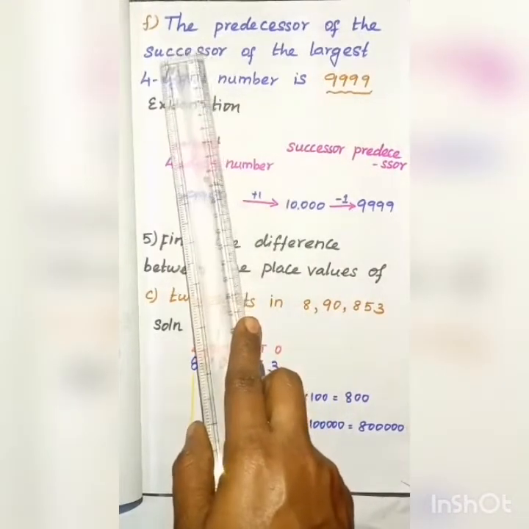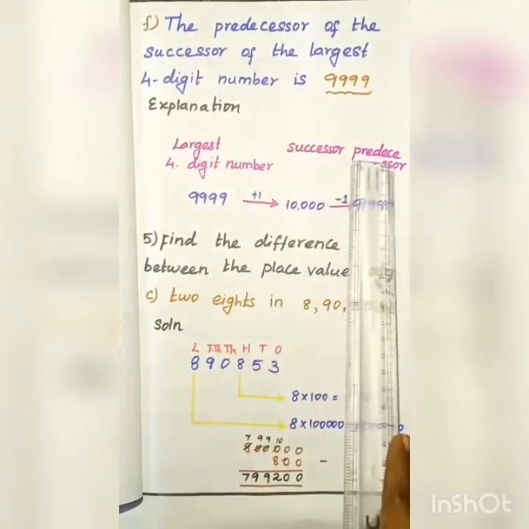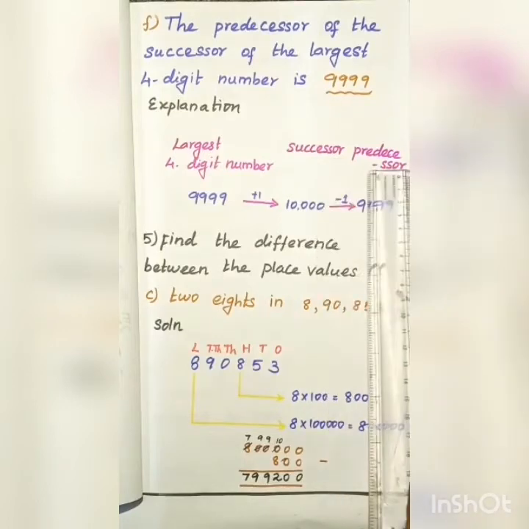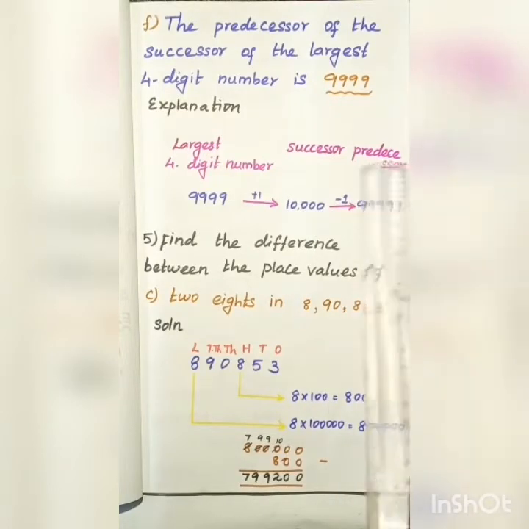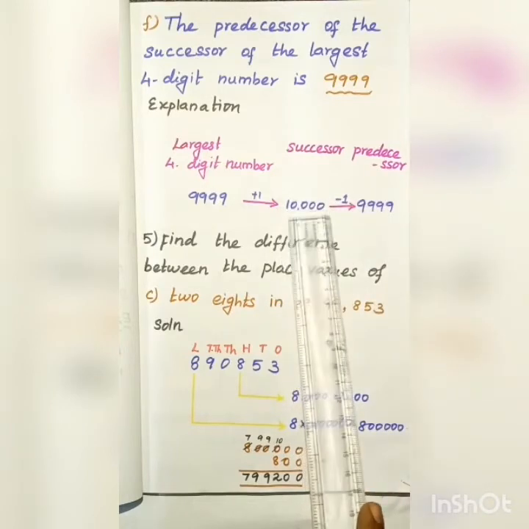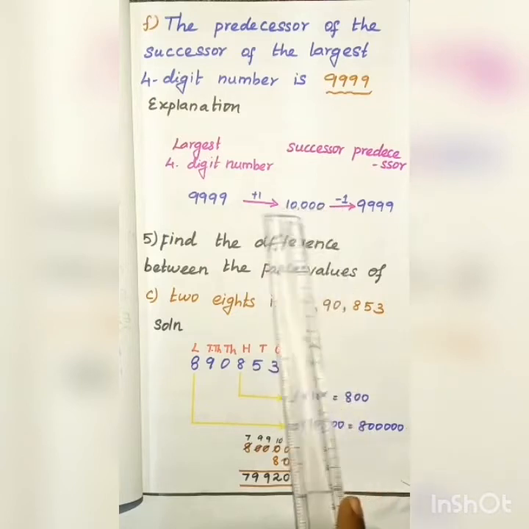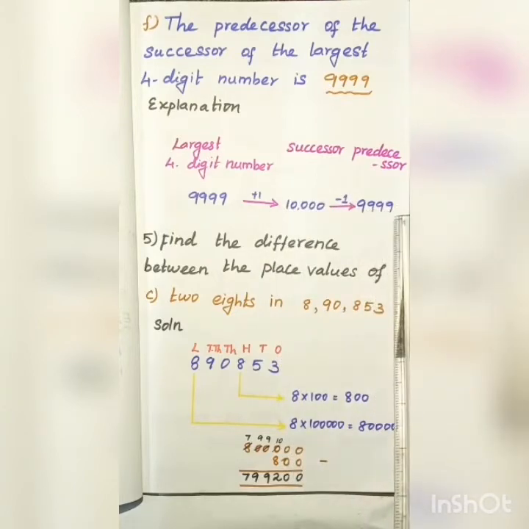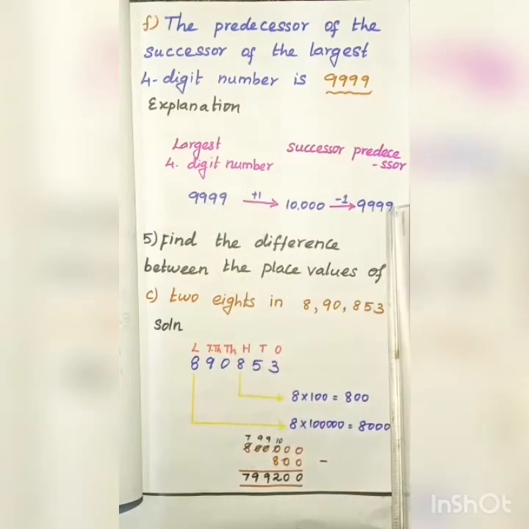Predecessor means the number that comes before, so you subtract 1 from 10,000. When you subtract 1 from 10,000, it gives 9,999. The answer will be the same.